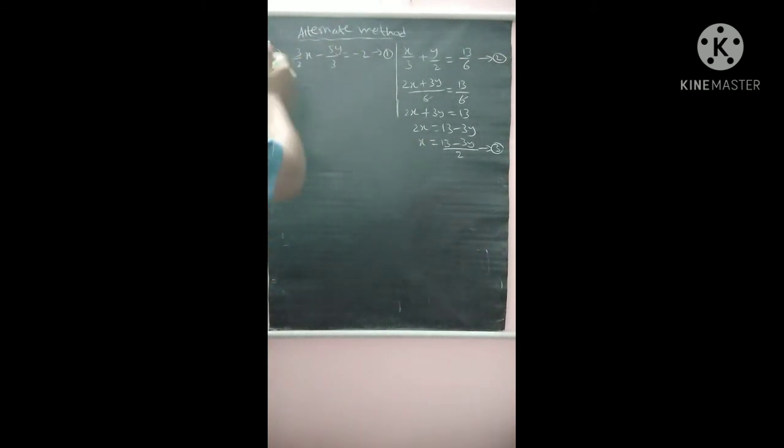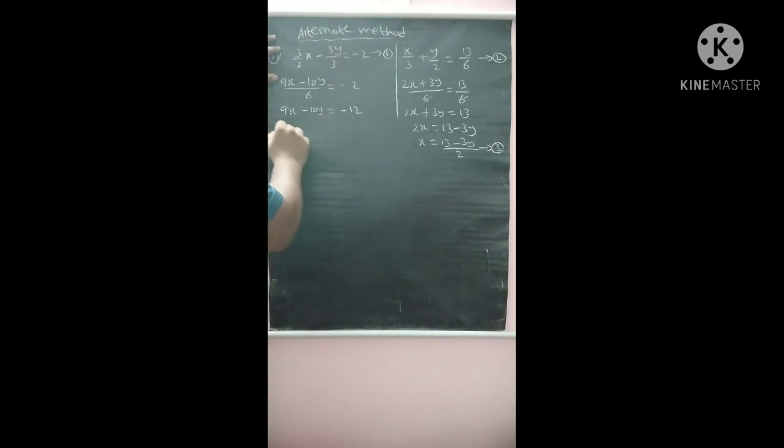So now here this one we can solve. 9x minus 10y by 6 equals to minus 12. 9x minus 10y is equal to minus 12.